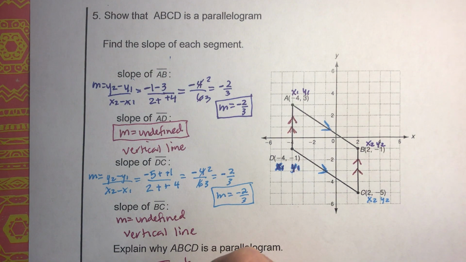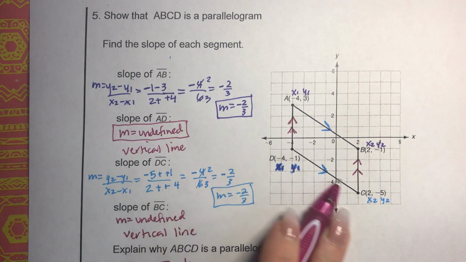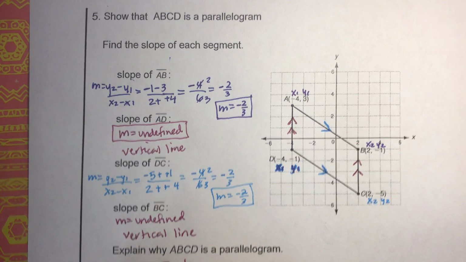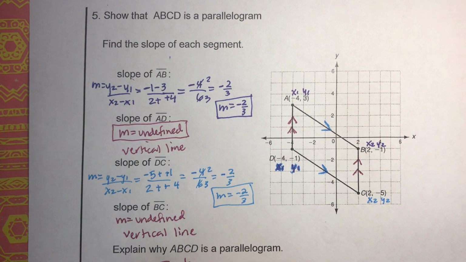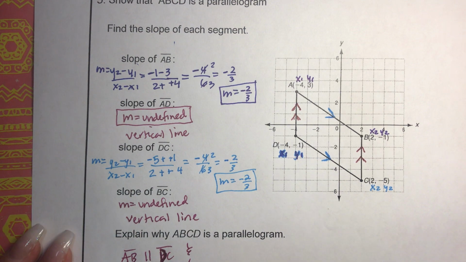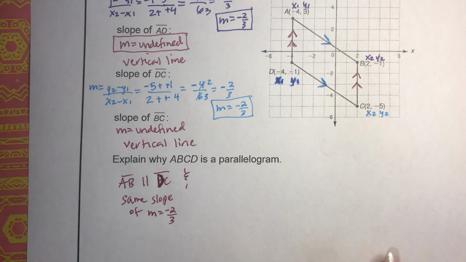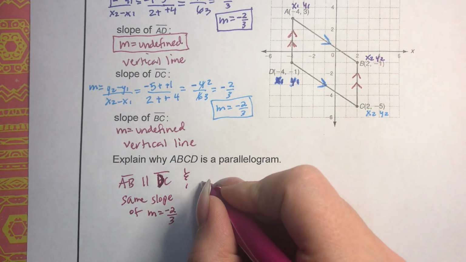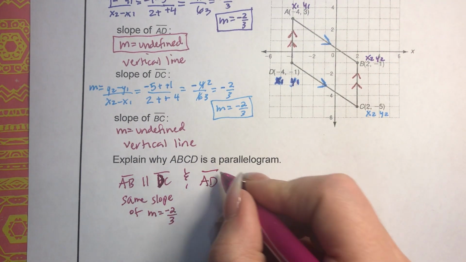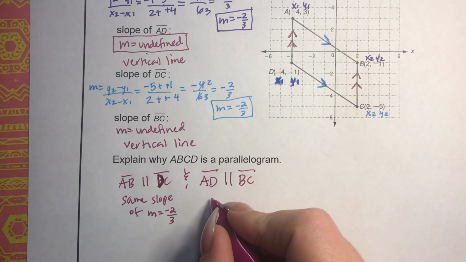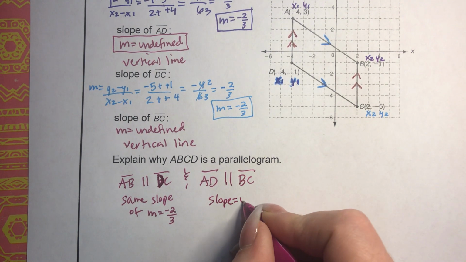AB is parallel to DC, and those have the same slope of M equals -2/3. And then line segment AD is parallel to line segment BC, because they have a slope that's undefined.